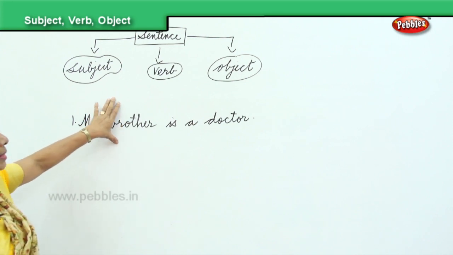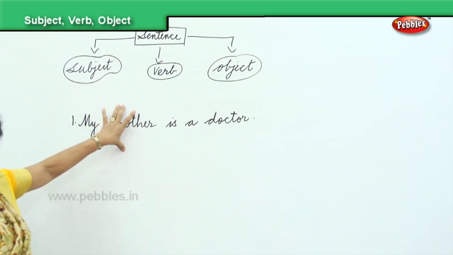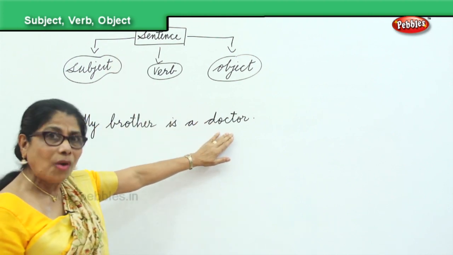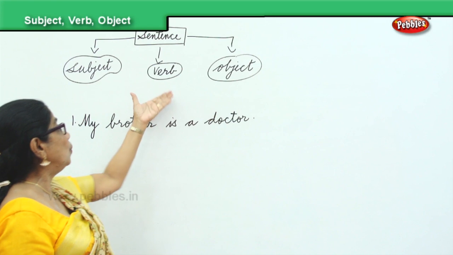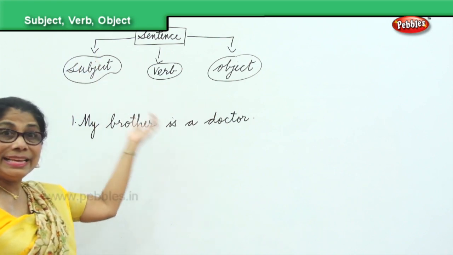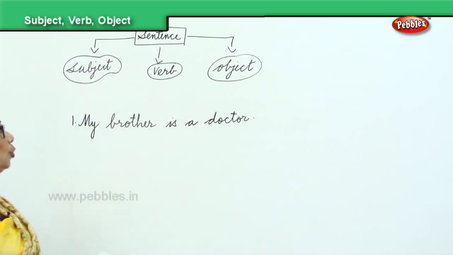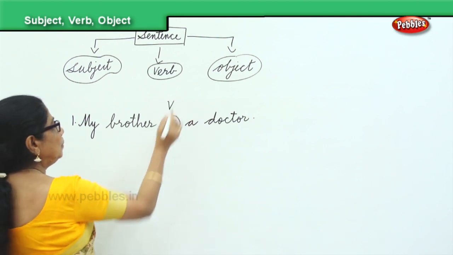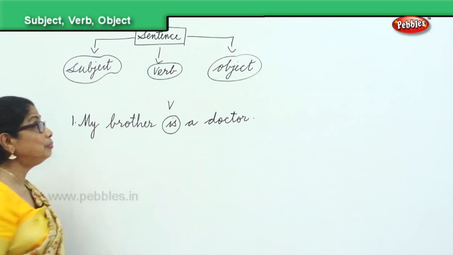This is your subject. It comes most of the time at the beginning. Now, the brother is doing something. What's he doing? He's working as a doctor. And the verb, what is he? Is. So you have the verb is. This is the verb. My brother is the subject.